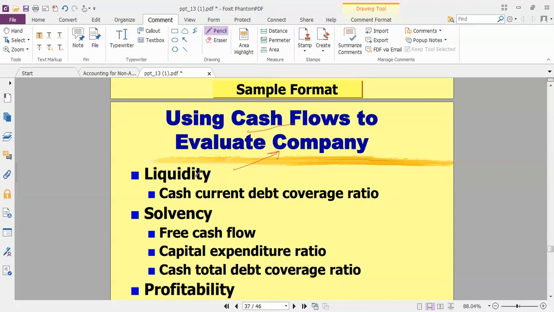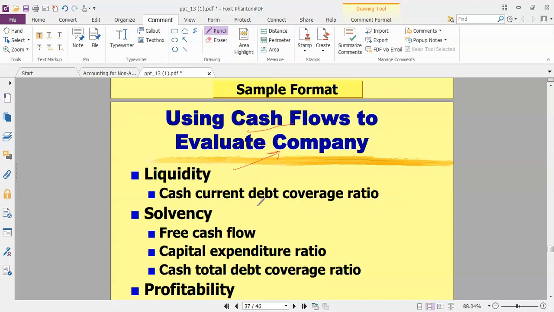So what is the liquidity? It means that the company has enough cash in hand in order to pay their obligations. So that is the liquidity.